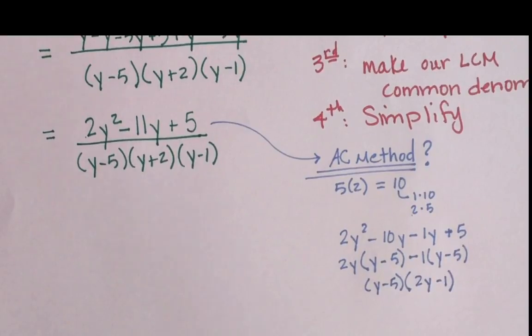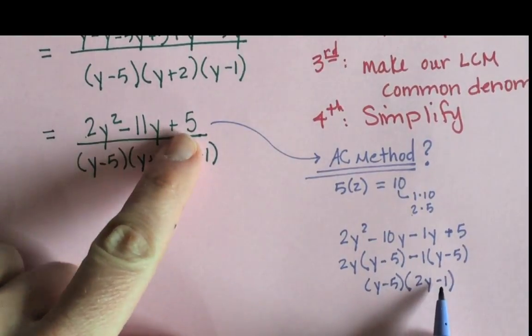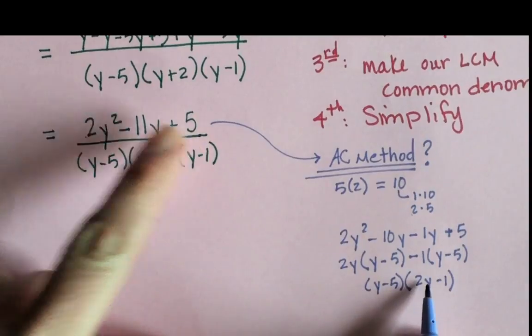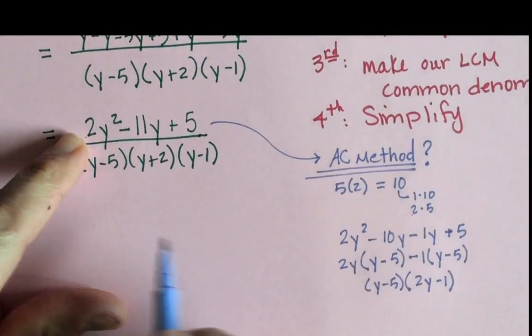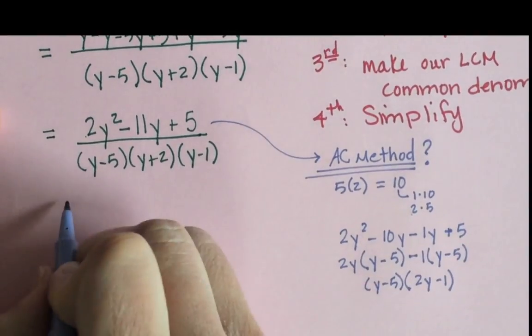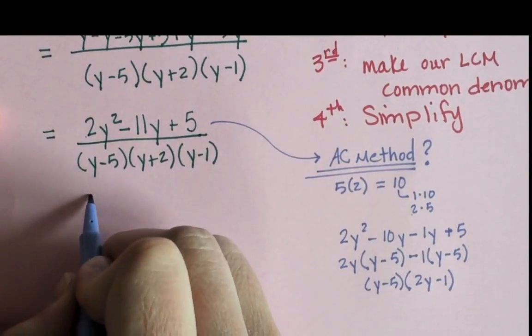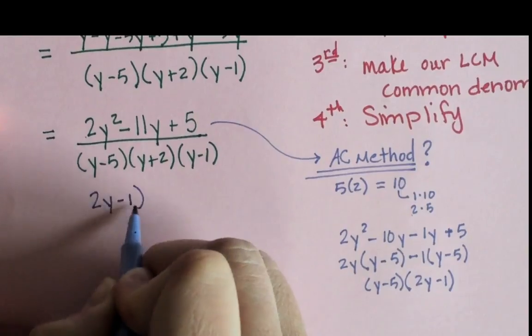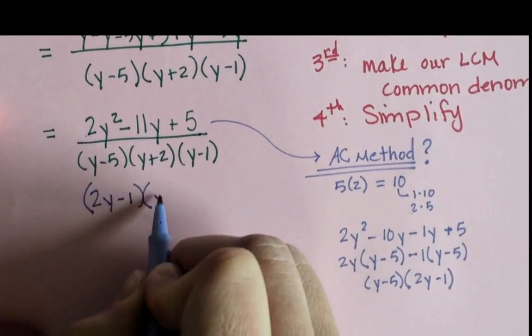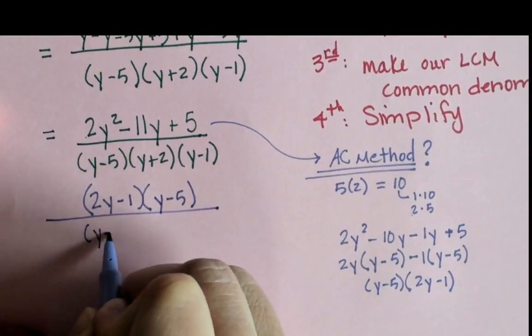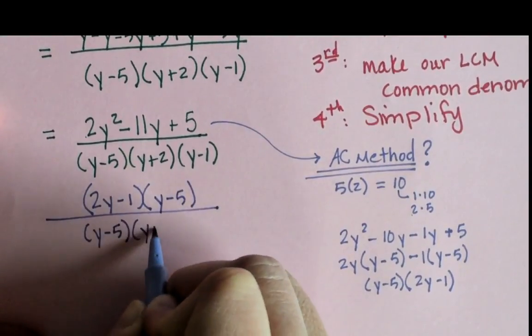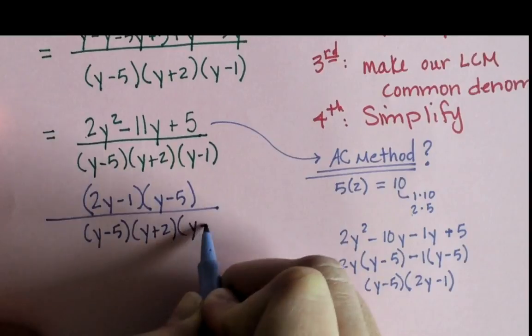And if I multiplied that back together, the 5 would be a positive, the 2y squared would be here, and our middle term would end up being negative 11. So our numerator is now 2y minus 1 times y minus 5 over y minus 5, y plus 2, y minus 1.